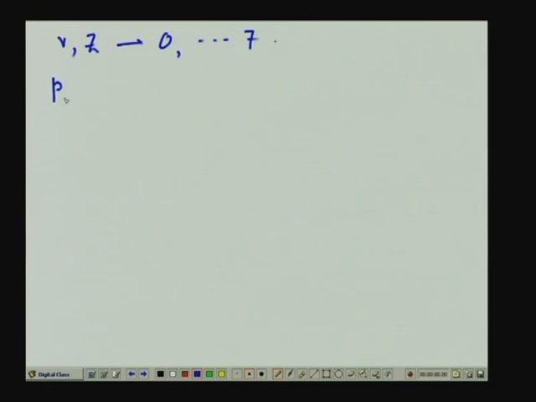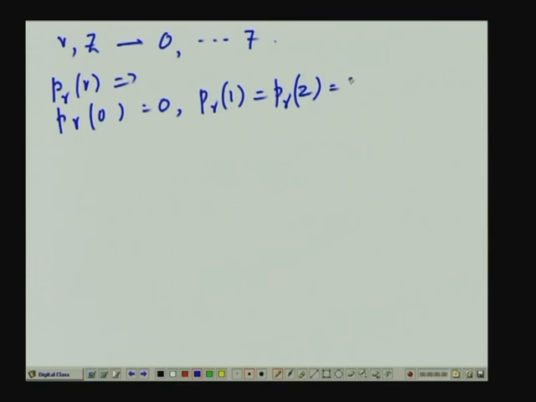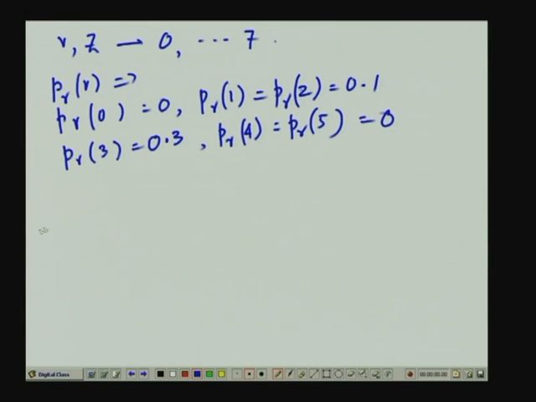We take the probability density function P r r like this: P r 0 is equal to 0, P r 1 and P r 2 are equal to 0.1, P r 3 is equal to 0.3, P r 4 and P r 5 are equal to 0, P r 6 is equal to 0.4 and P r 7 is equal to 0.1.